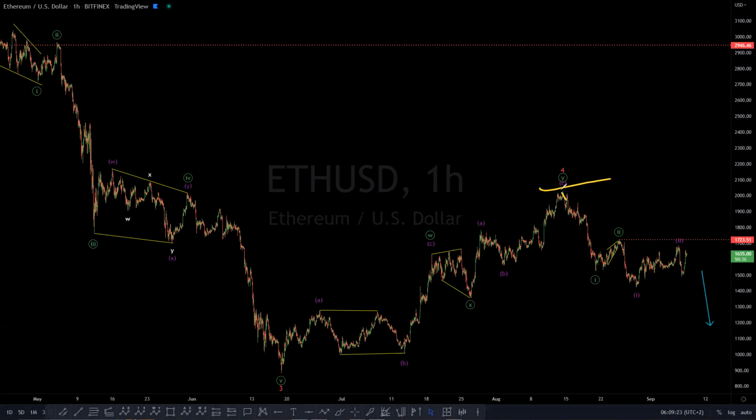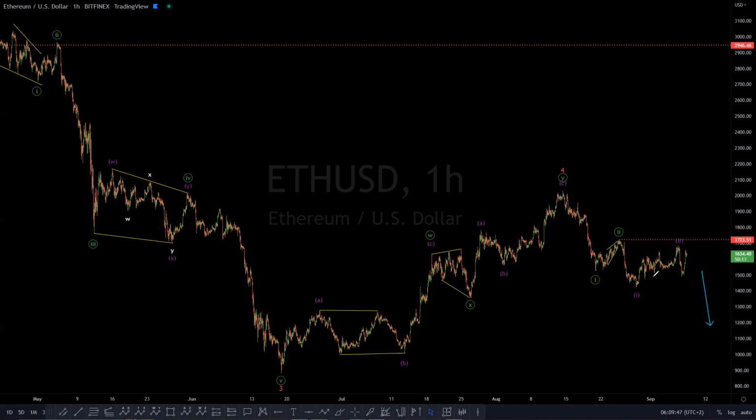So we propose this is 1 in green, that's 2 in green, and then this is a nest, 1 in purple within 3 in green, and that's 2 in purple within 3 in green. But that is for as long as price stays below that level there. Okay, now what we expect is a continuation to the downside.